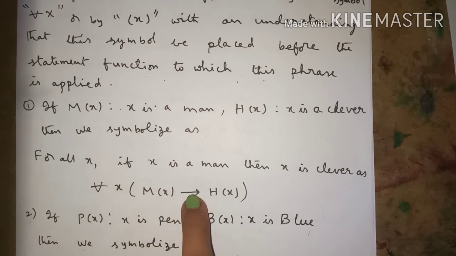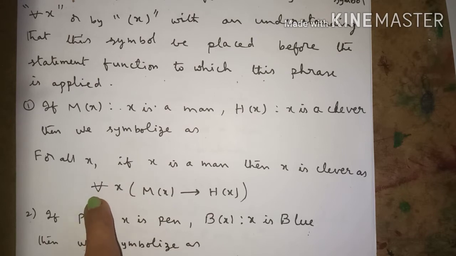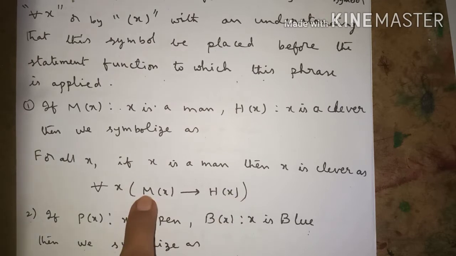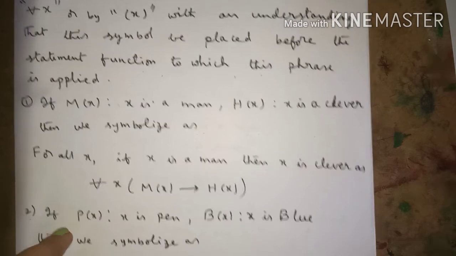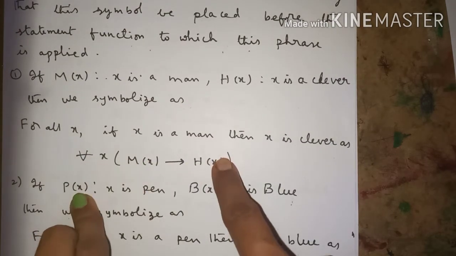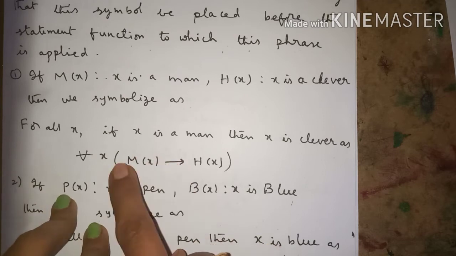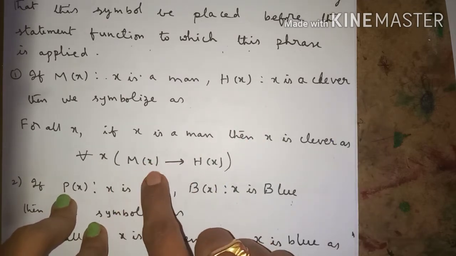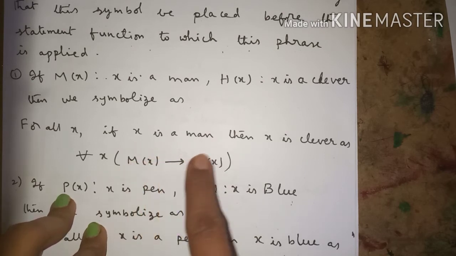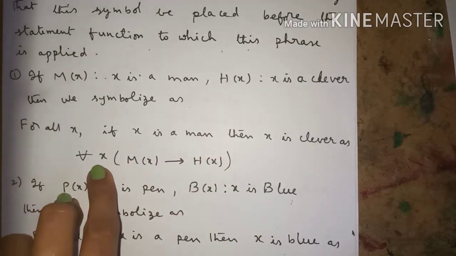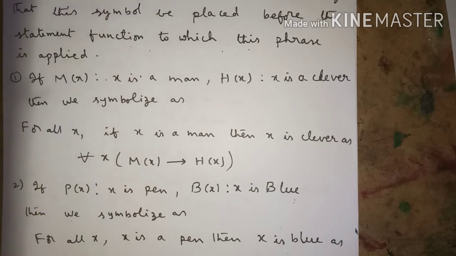This is a conditional statement. If M of x then H of x means if x is a man then x is clever. For all x means for all men: if x is a man then he is clever.